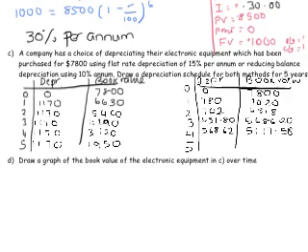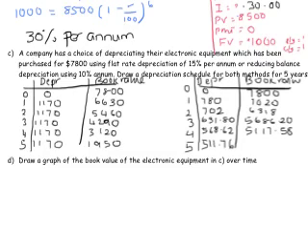And finally, after 5 years, the depreciation is 10% of 5,117.58. Take that away, and that gives us $4,605.82.